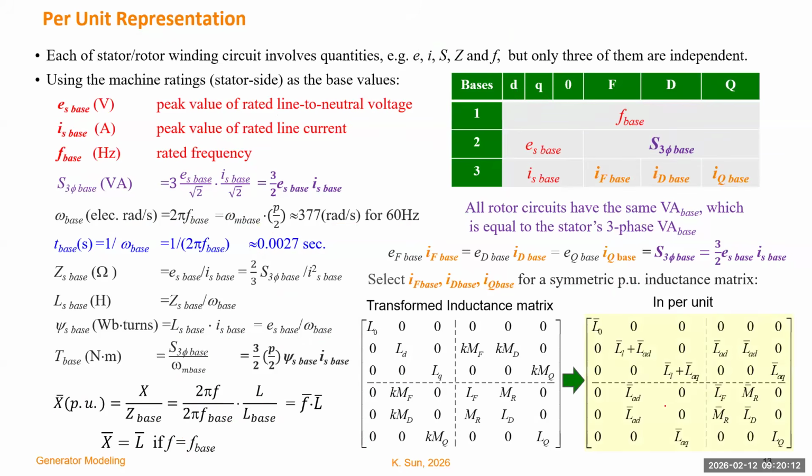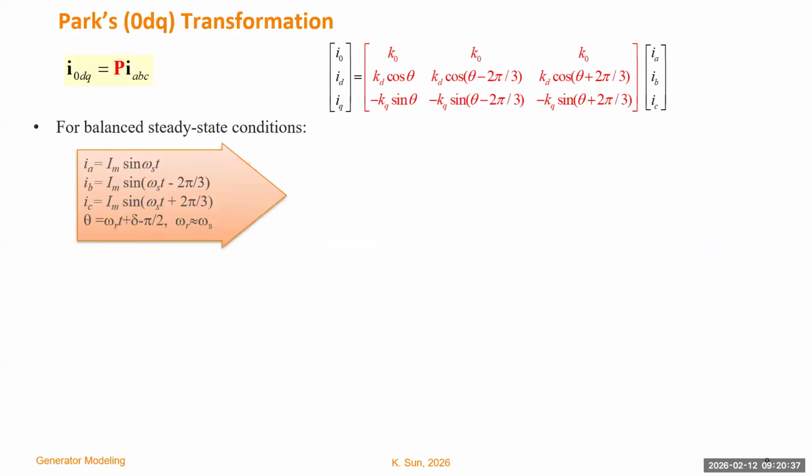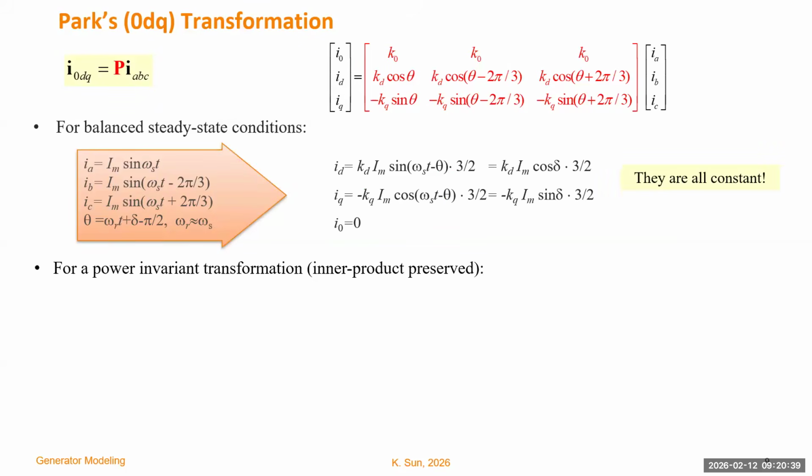So this is the inductance matrix, right? And first we transform the inductance matrix with the power transformation. So you will see those coefficients K there. And what is K? If you remember, let's go back to the power transformation slide. The K here is K0, KD, or KQ, right?